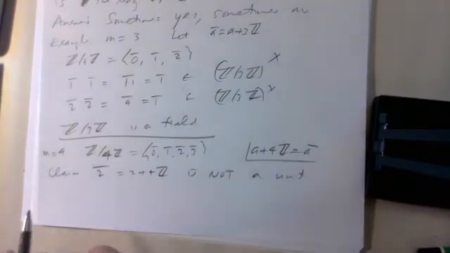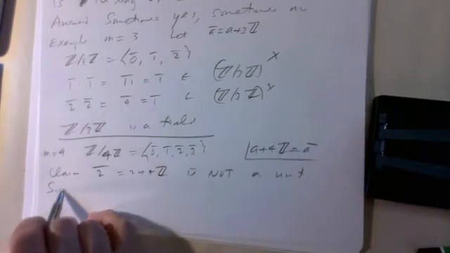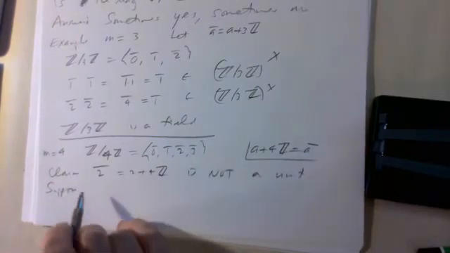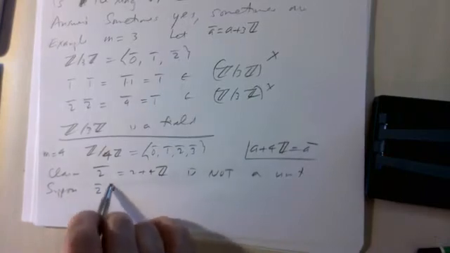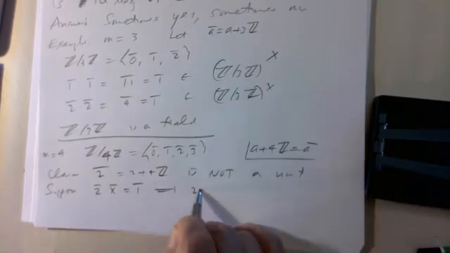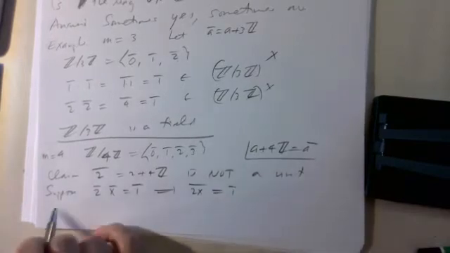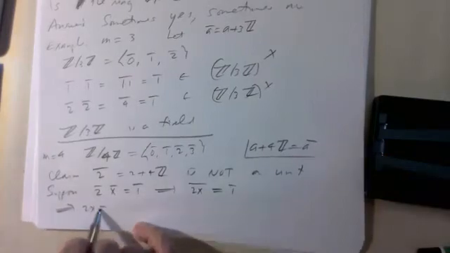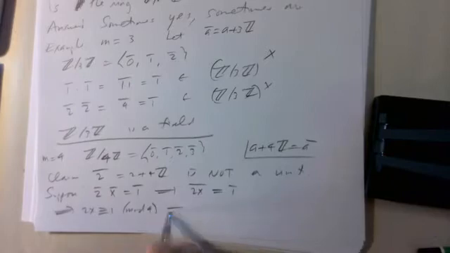Why is that? Well, suppose there's a congruence class x bar such that 2 times x is 1. What does this mean? This means the congruence class of 2x is the congruence class of 1. This means 2x is congruent to 1 mod 4.